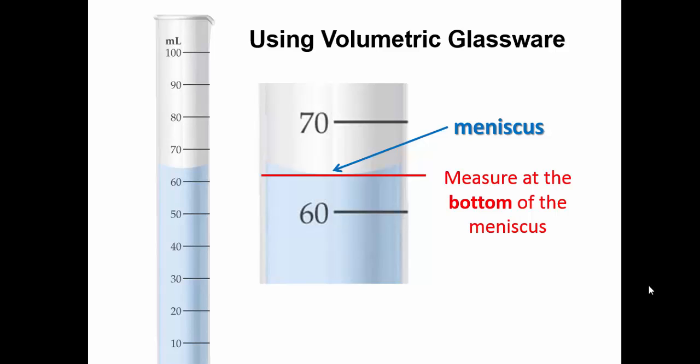There are no division points between the 60 and 70, but you then estimate the next decimal. So one might suggest that this is approximately 65 milliliters. You could not write down the number any more precisely than that because the instrument won't let you guess better than that. So it's 65 as a starting level.